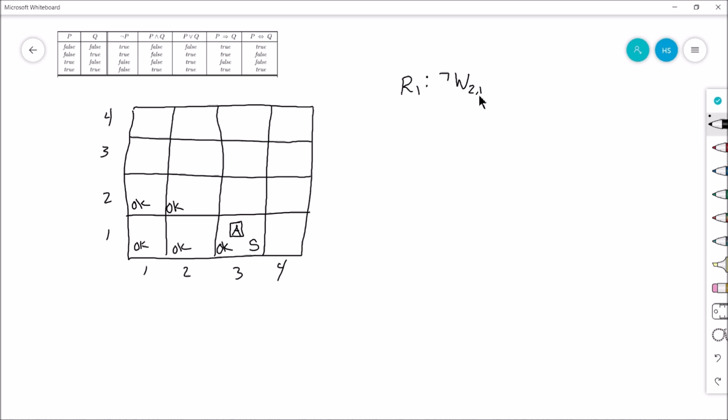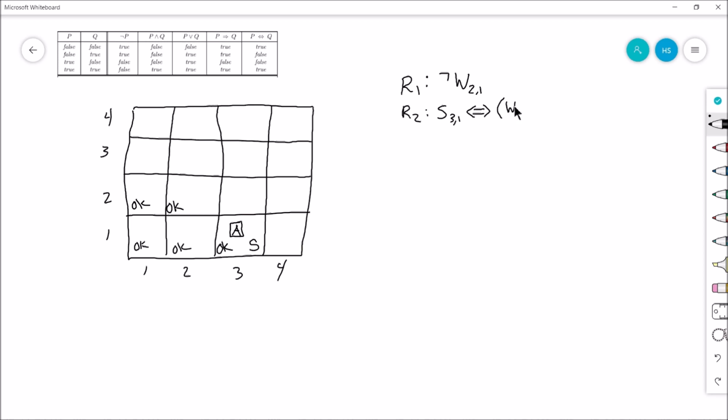We passed through that square and didn't die, right? But we also know that we have a stench in square 3,1.